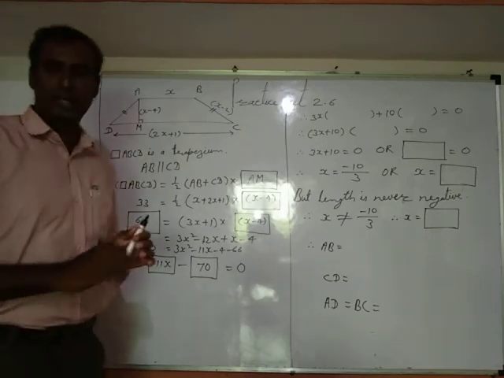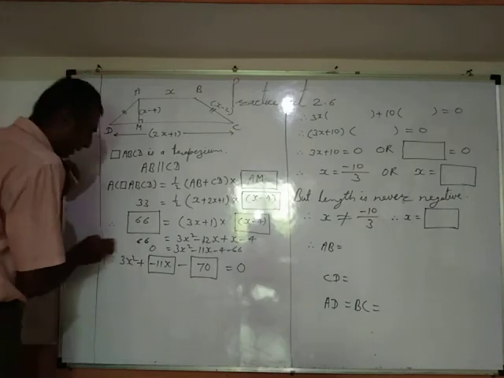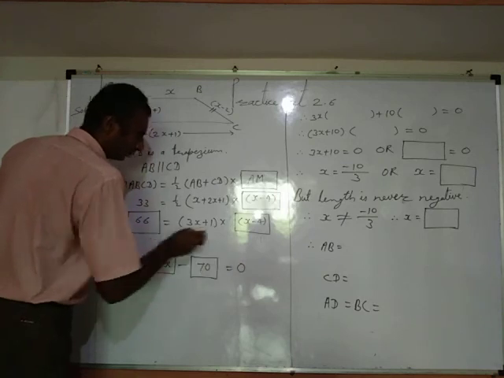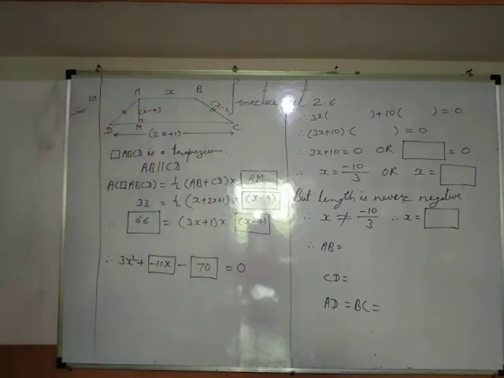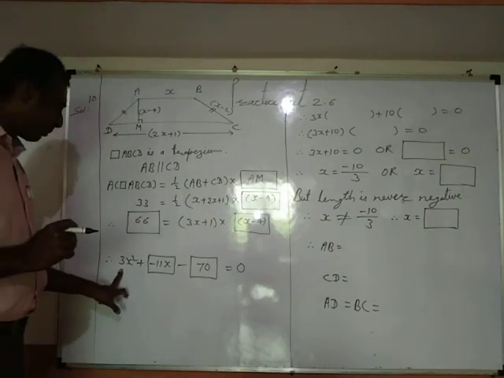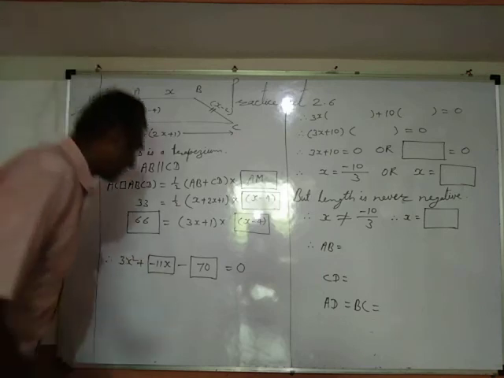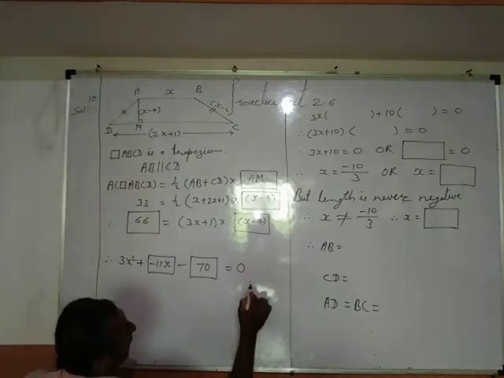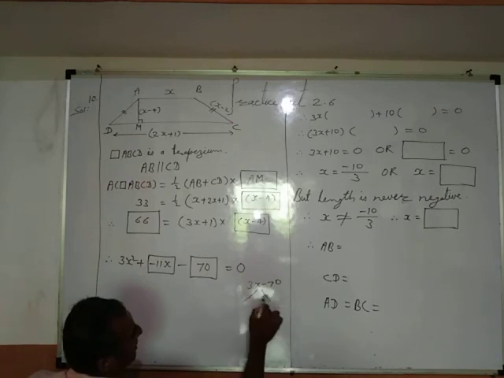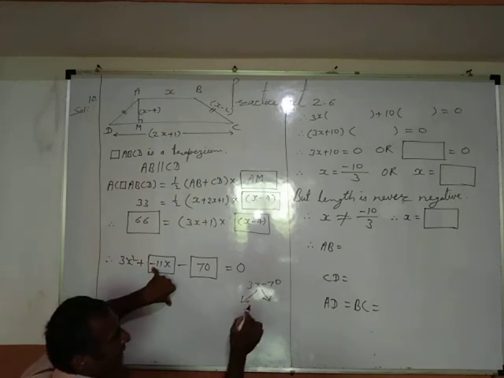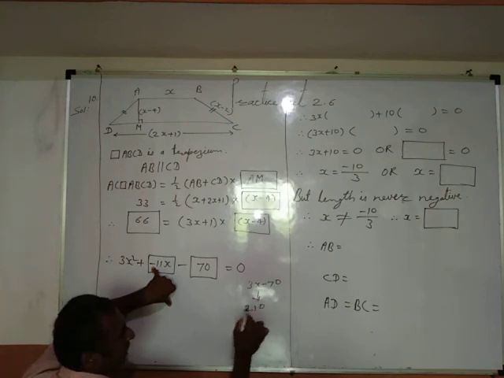Okay, now let's erase what we wrote there as extra steps. Let me erase it out. Okay, now it is in the form of ax square plus bx plus c equal to 0. We need to consider the product of a and c, means what? 3 into minus 70. 3 into minus 70 gives us, 7 3s are 21, minus 210.